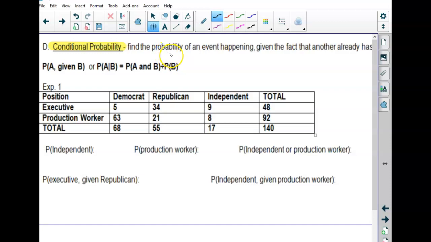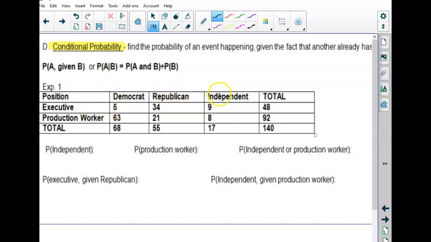Now, when it says given, it means there's a different denominator. Let's just go through this question, see if we can figure these out logically, and then we'll talk more about given.